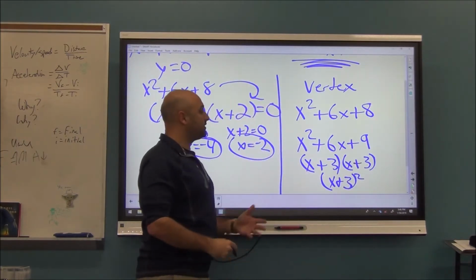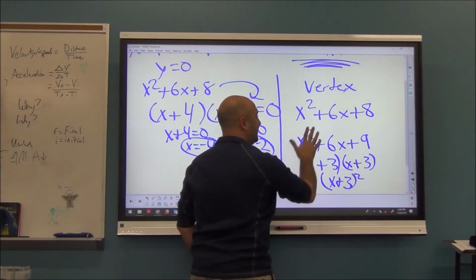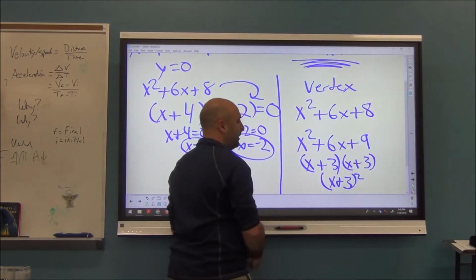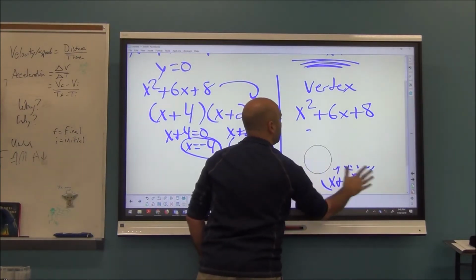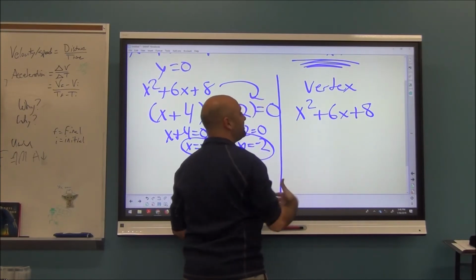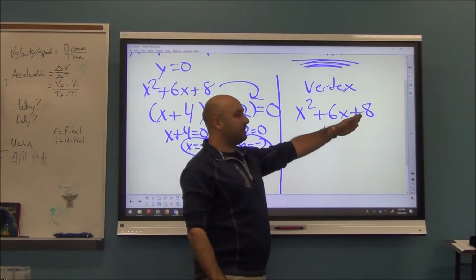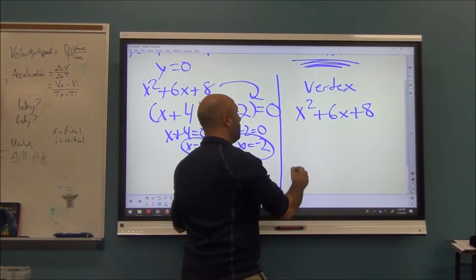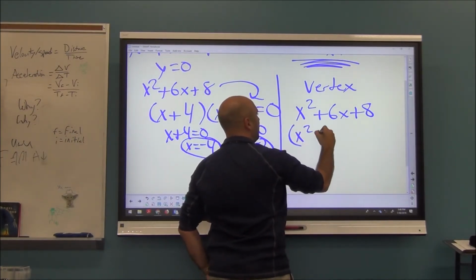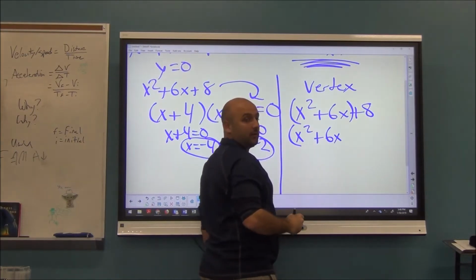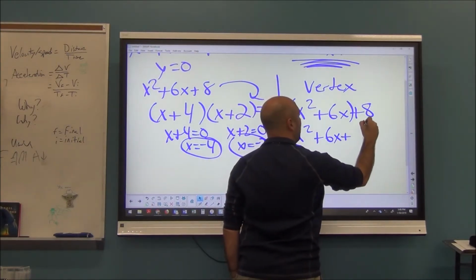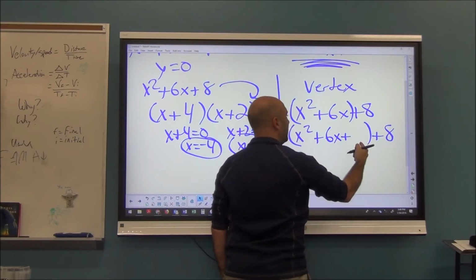So when I'm talking about completing the square, what I'm trying to do is find a perfect square quadratic that gives me these perfect square factors. I'm going to look at this again and see that it's not quite a perfect square. It's got 8 instead of 9. So I'm going to kick that 8 out of the way by isolating my x's, and I'm going to plug in the number that I want.